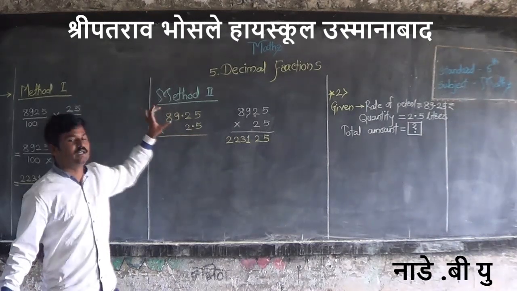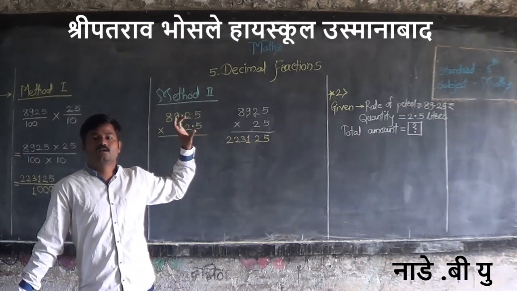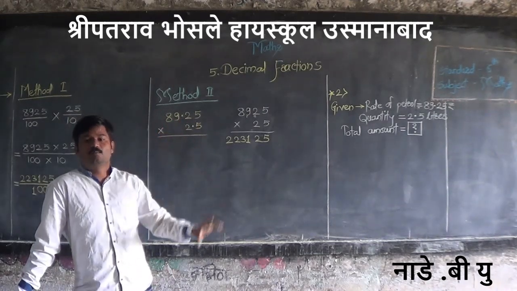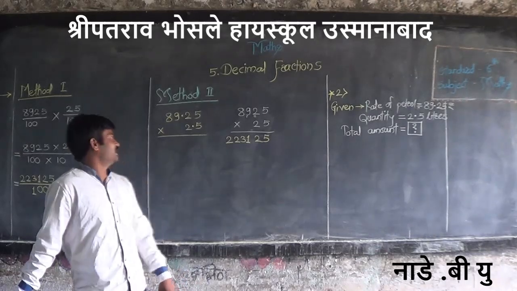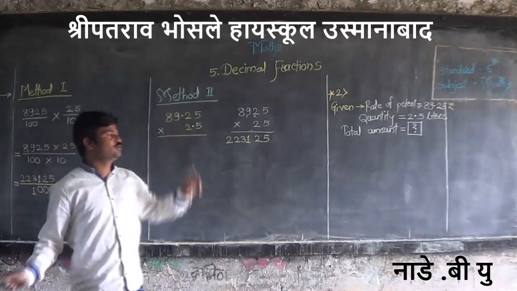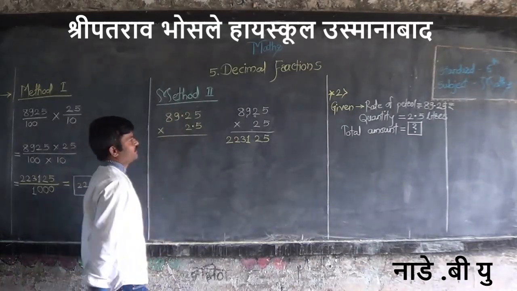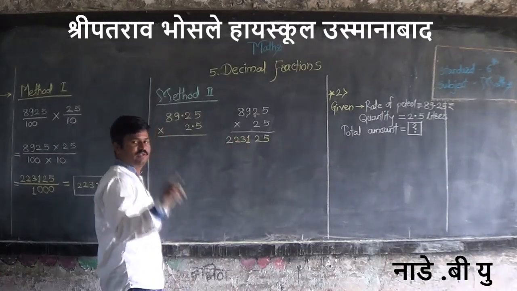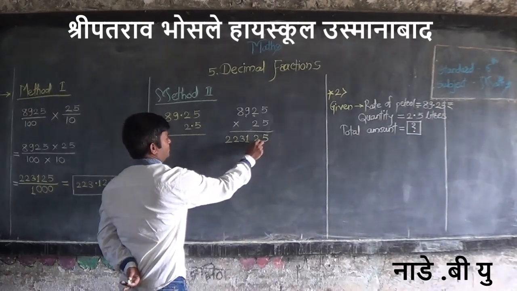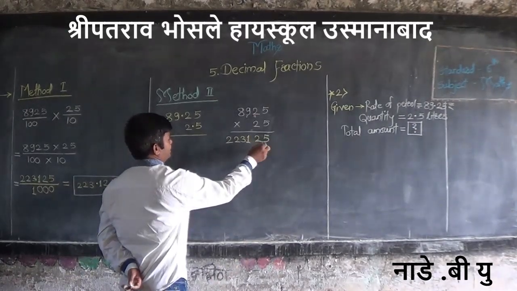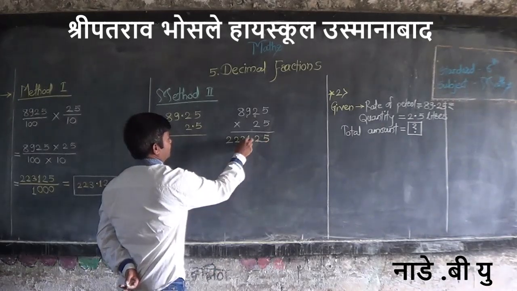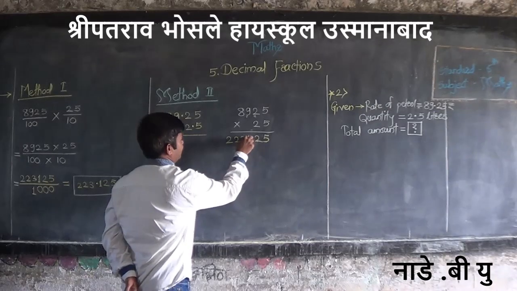Count the decimal places together, making the total of decimal places of the multiplicand and multiplier. Here two places and the multiplier has 1. 1 plus 2 is 3 places. Hence in the product number from the right side leave 3 places. 1, 2, 3, means thousandths, hundredths, tenths. Give the decimal point here.